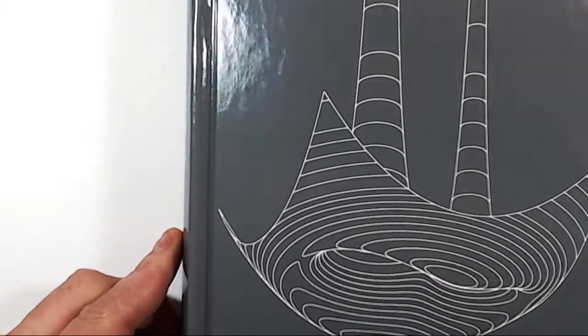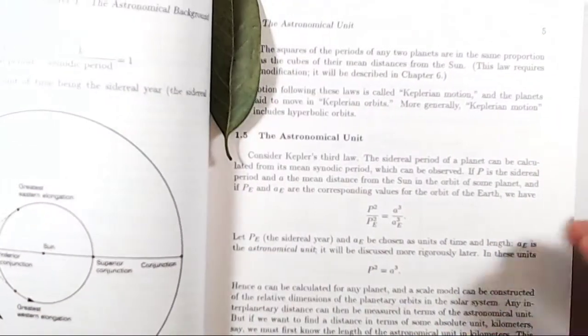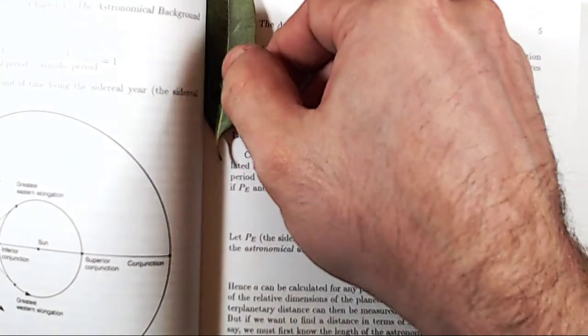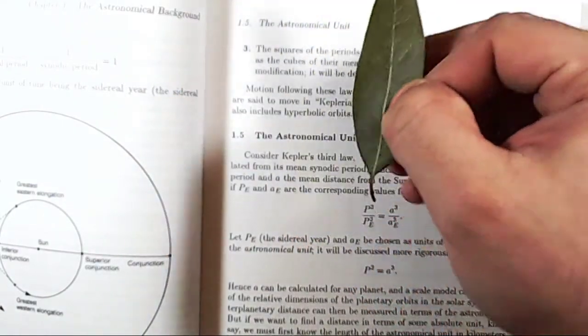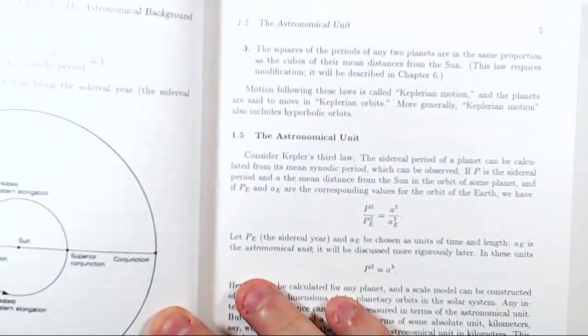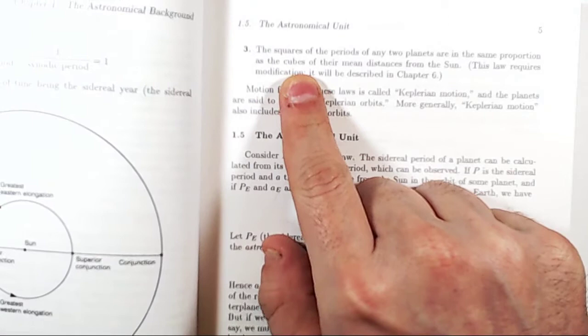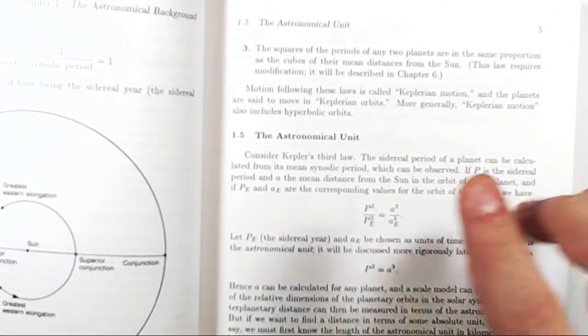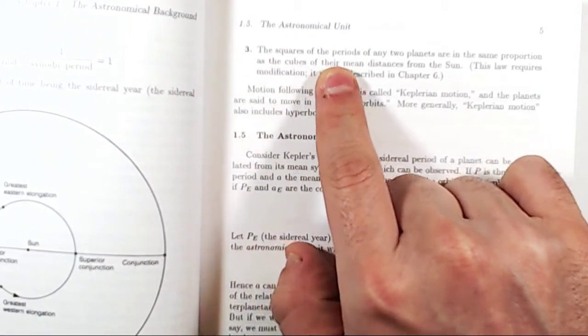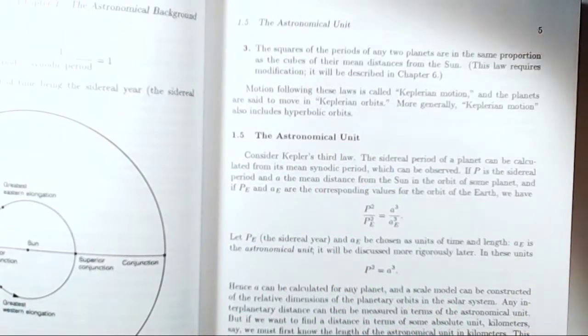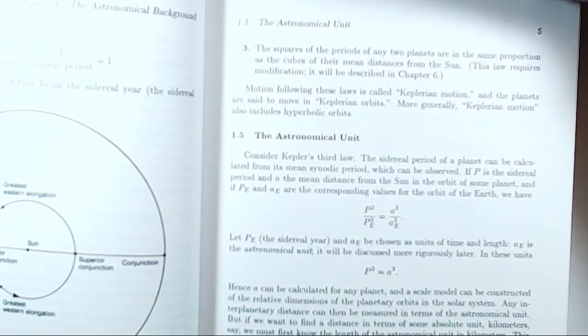If I open the book up to page 5 and remove the laurel leaf that is on that page, I find that Kepler's third law is listed here as the squares of the periods of any two planets are in the same proportion as the cubes of their mean distances from the Sun.